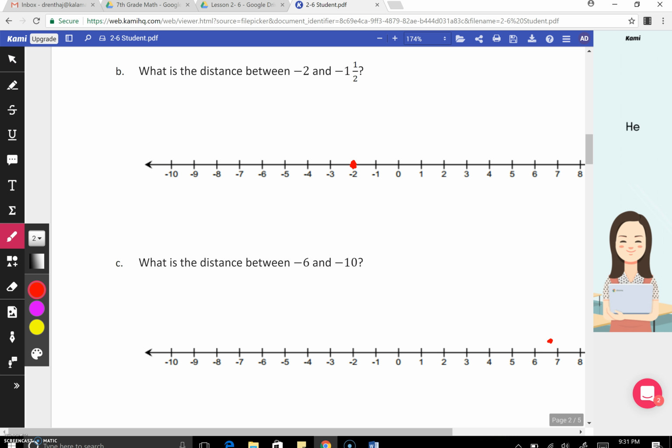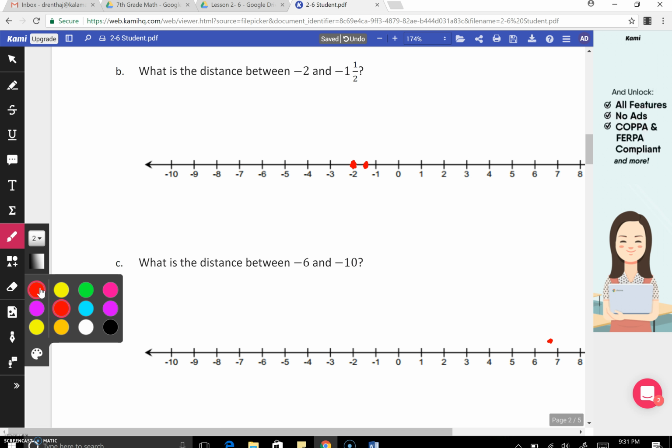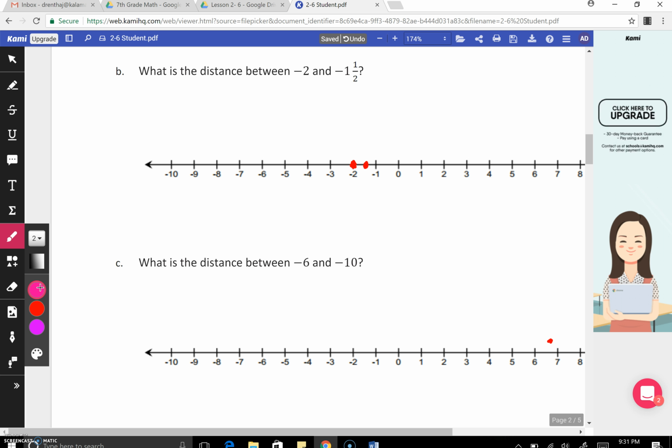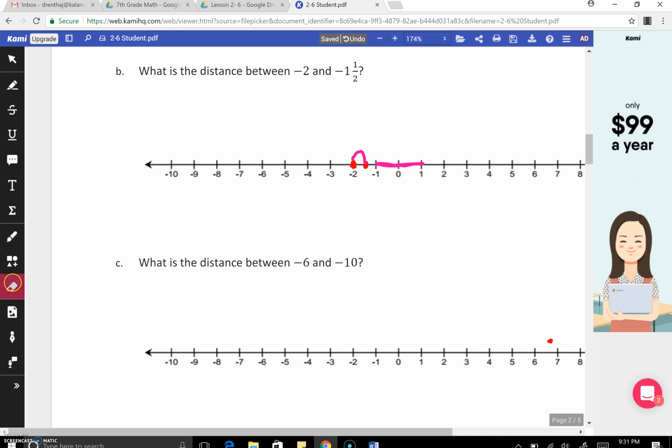And -1.5 would be here, between -2 and -1. So the space between those two dots is a half. It's not even one whole, because each one of these intervals is a whole, and we're only going half of an interval. So the answer to this one is going to be half.